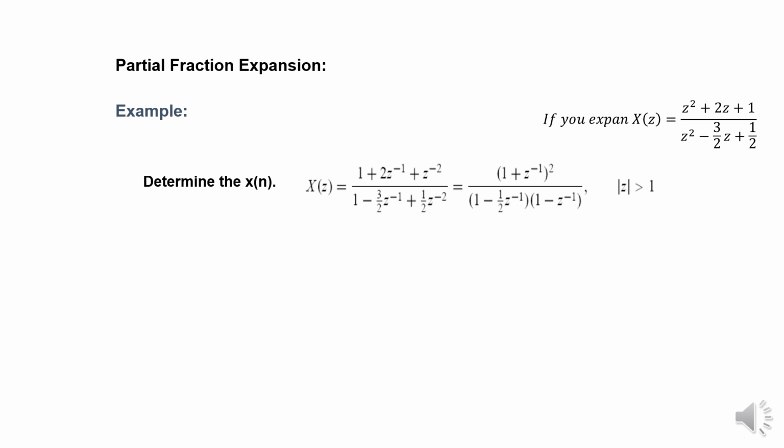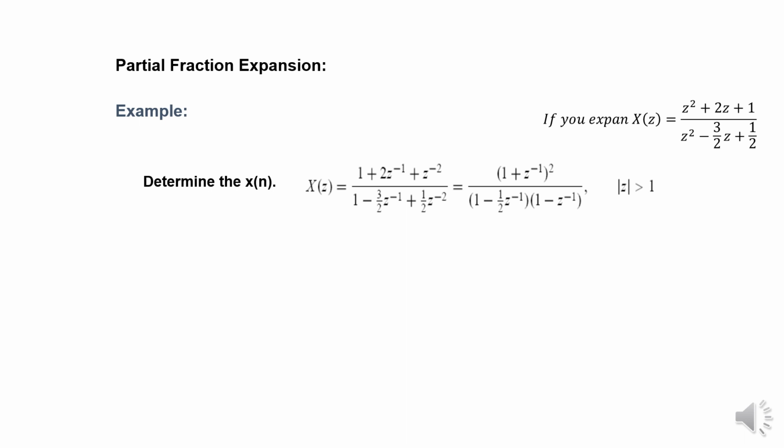So this is actually X(z), right? But in our question we were given it like this, so it's the same X(z) expressed in a different way. Here it is expressed in z minus 1 terms.